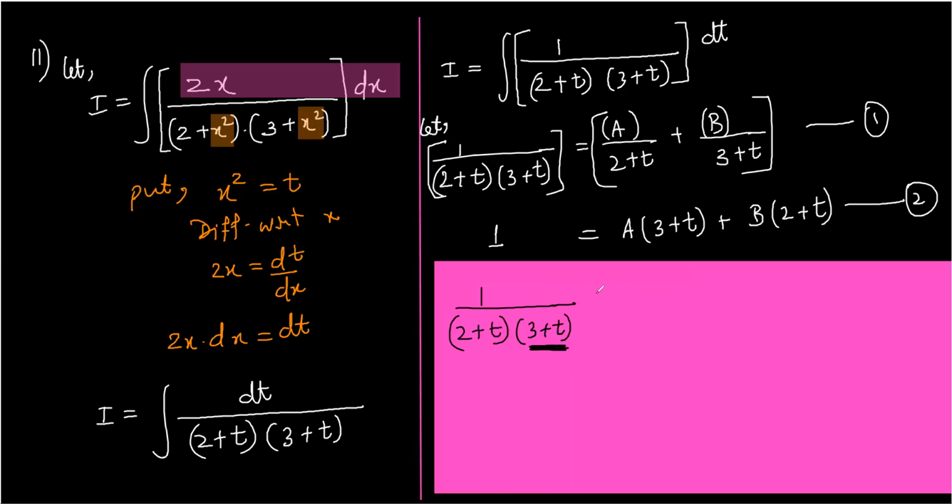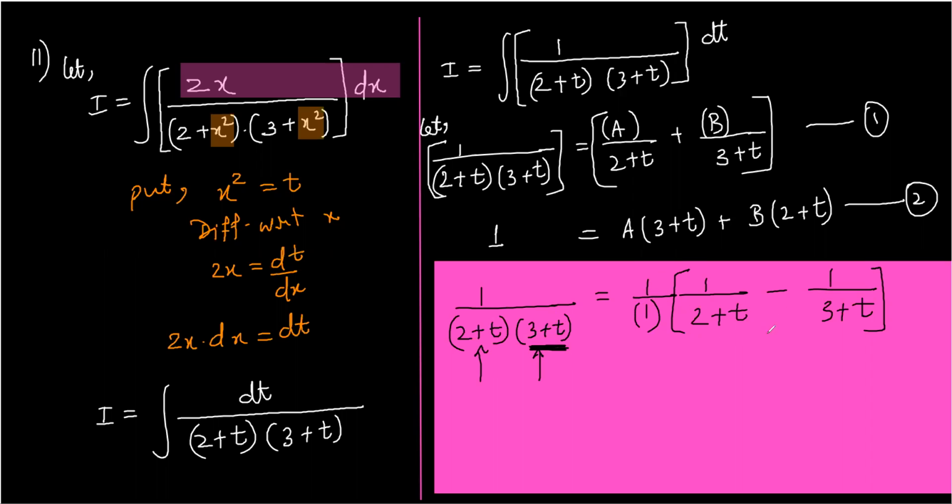So see what you will do. You will write 1 upon 2 plus t minus 1 upon 3 plus t, and divide by the difference, that is, this minus this. So what is this minus this? It is 1.